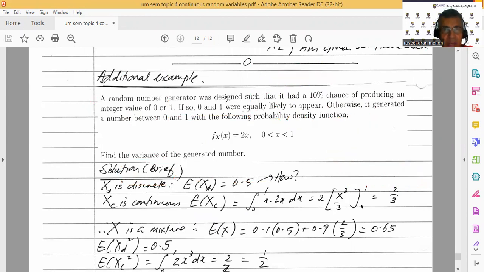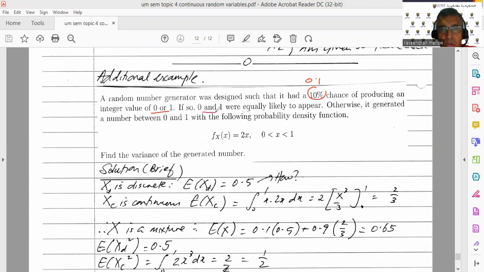So this one example here, let's read the question. A random number generator was designed such that it had a 10% chance of producing an integer value of 0 or 1. Okay, careful, right?